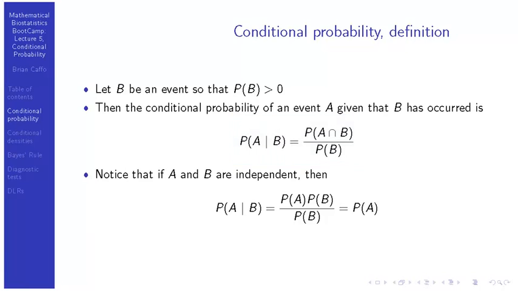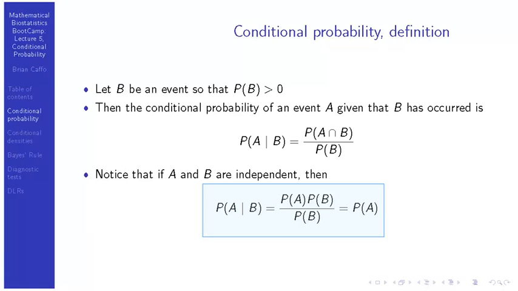Now, notice if A and B are independent, then the probability of A given B, well, the numerator, the intersection A intersect B, factors into the product of the two probabilities, the probability of A times the probability of B. The probability of B cancels out in the numerator and denominator, and you're left with the probability of A. So this actually makes a lot of sense.